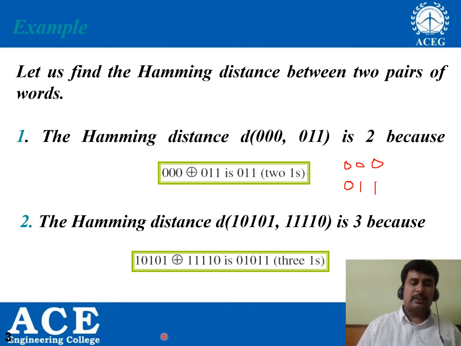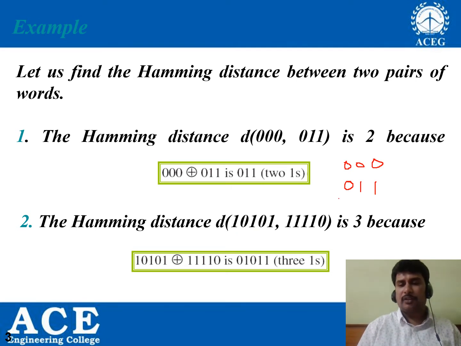There is another way to calculate the Hamming distance. We have to do the exclusive OR operation of the corresponding bits.